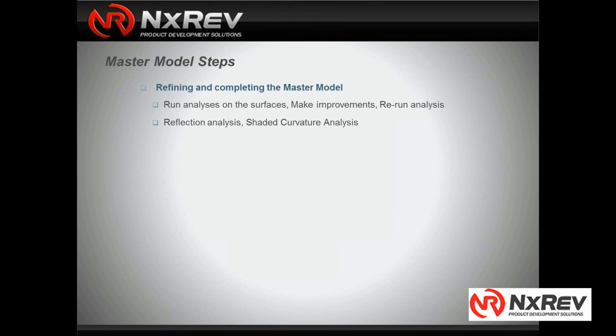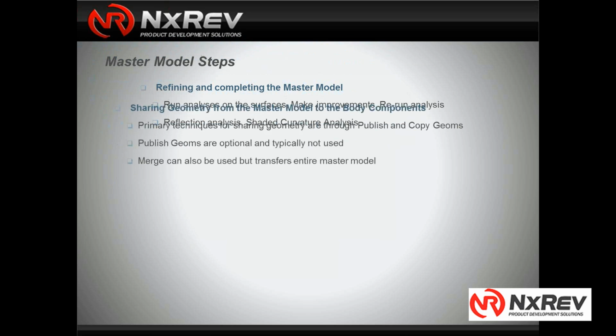Once we get some surfaces in there, we might want to run some analysis on those surfaces to see if we have any kinks or bulges in the surfaces that we didn't intend to have. Make the improvements and rerun the analysis, and just keep going through that until you get something that looks the way you want it. Some of the tools we can use are the reflection analysis and shaded curve analysis, and there's a few other tools in there for that.